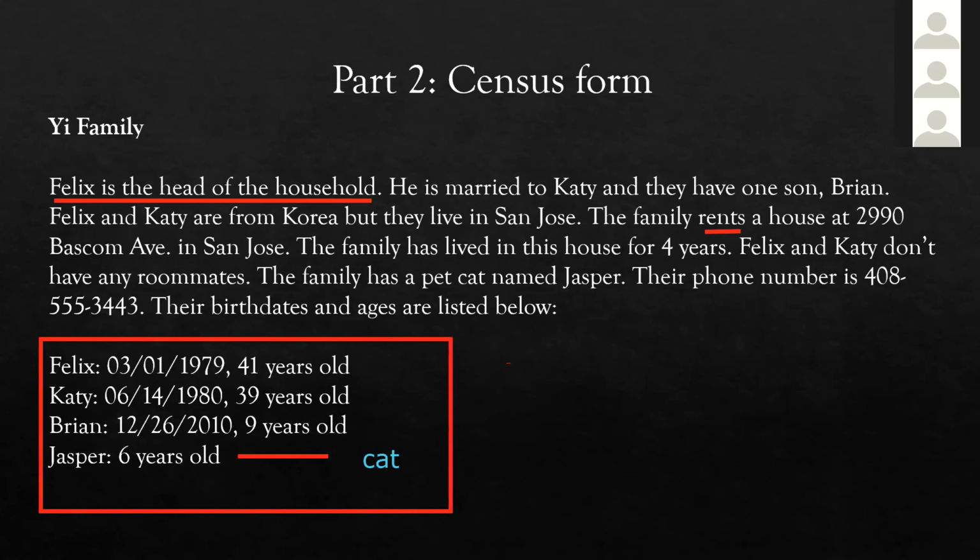It should only be 3. 1, 2, 3. Jasper's a cat. Sorry, no.